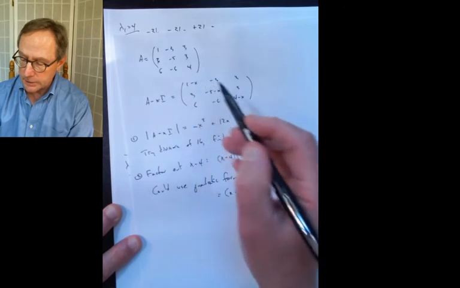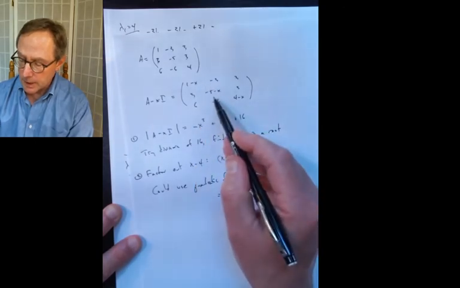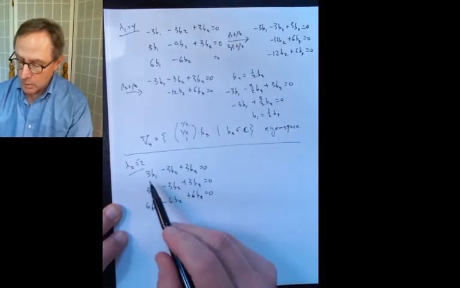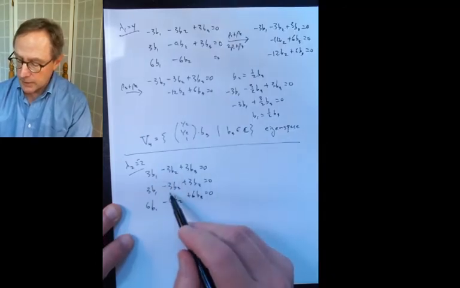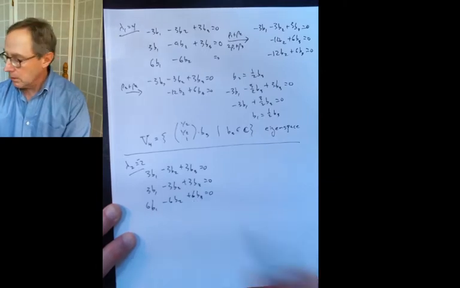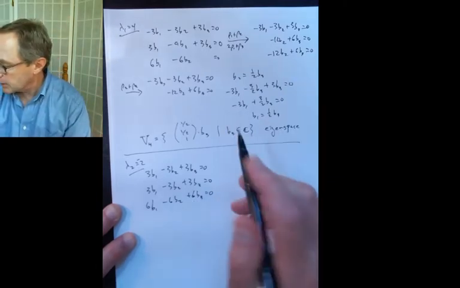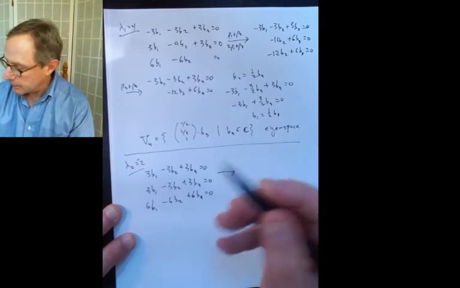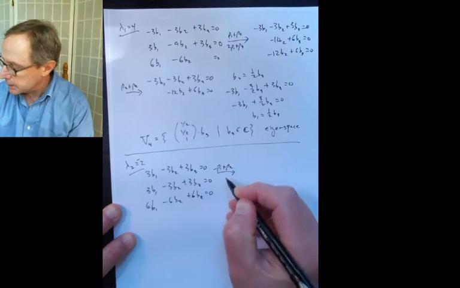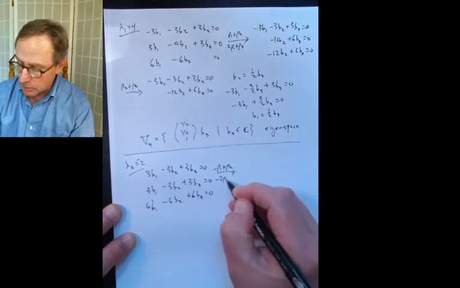1 minus a minus 2, negative 5 minus a minus 2, 4 minus a minus 2. All right, and then off we go with Gauss's method. So it's obviously minus row 1 plus row 2, and minus 2 row 1 plus row 3.